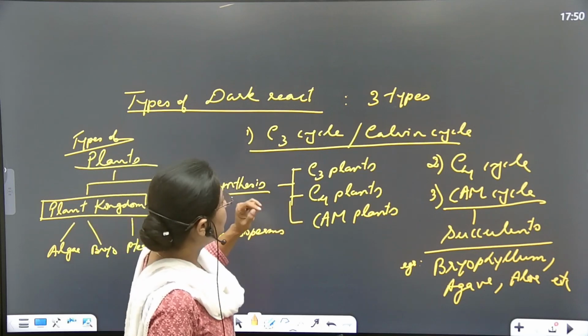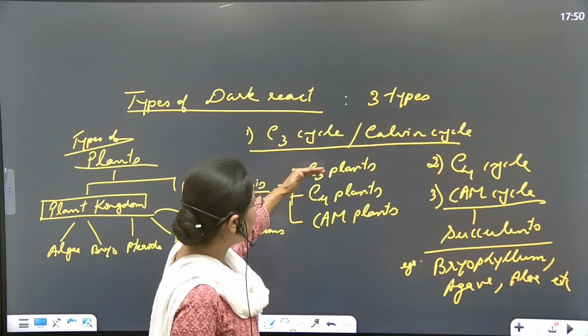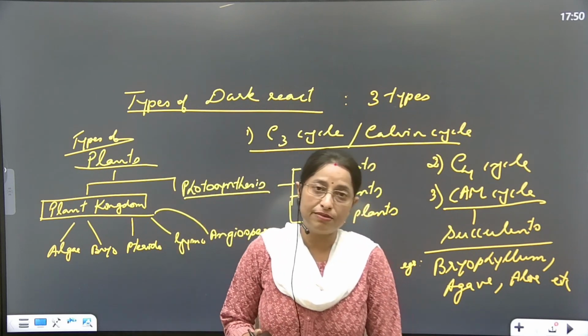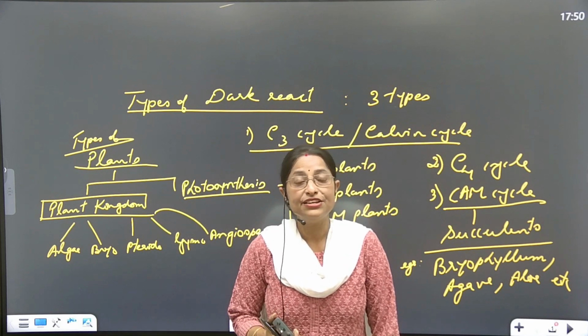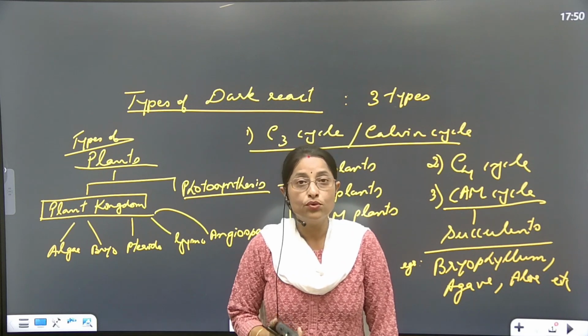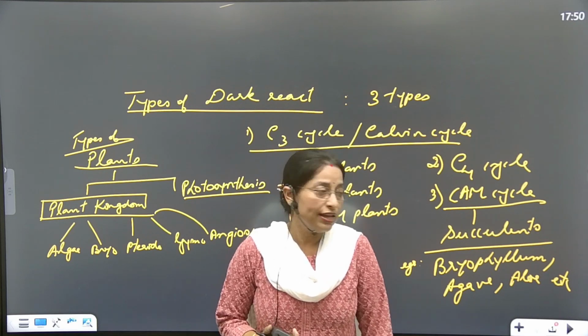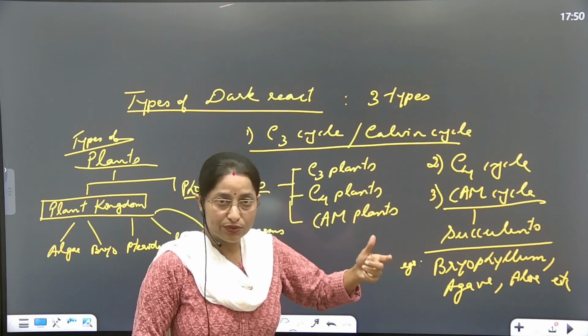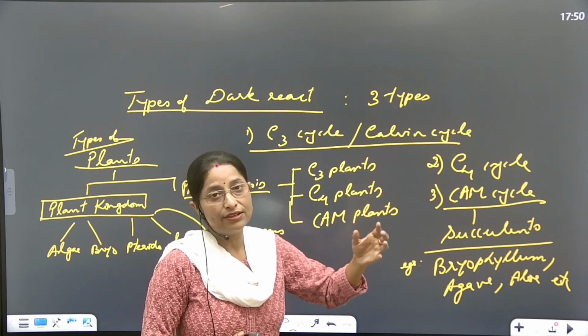Another thing that you need to remember is, no doubt the dark reaction could be of different types, but the one point that we should remember is, unless the C3 cycle operates, glucose would not be formed. If you are talking about C3 plants, obviously only the C3 cycle would be operating in those plants and glucose would be formed.